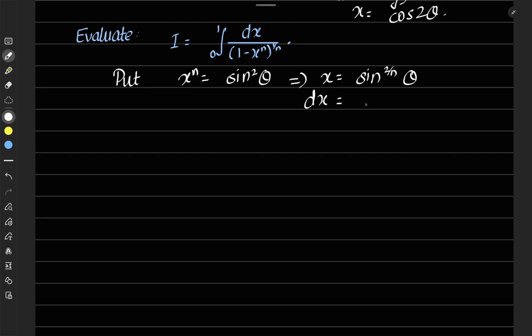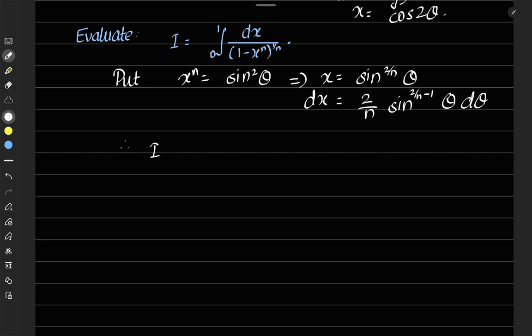So dx will be 2 by n sine to the power (2 minus n) by n theta d theta. I should directly write this as 2n minus 1, so that might be the better way.